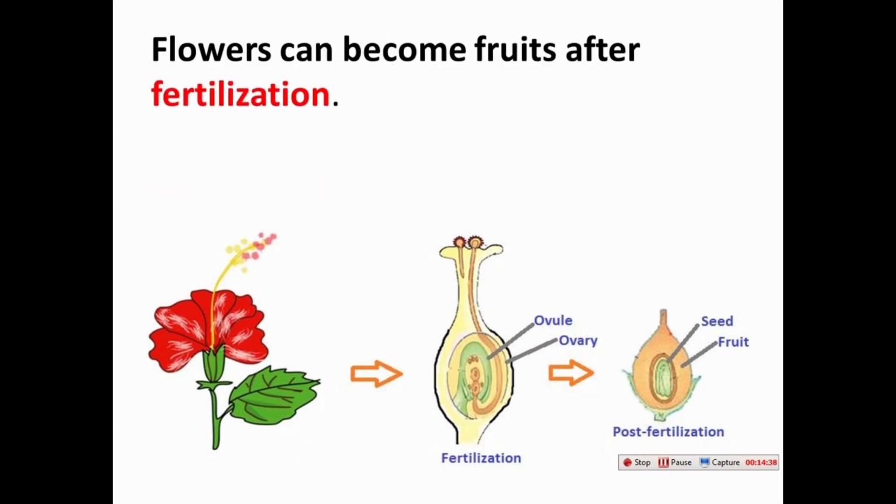Flowers can become fruits after fertilization. So this is how it happens, during fertilization and then post-fertilization, the ovule and the ovary turn into seed and fruit.